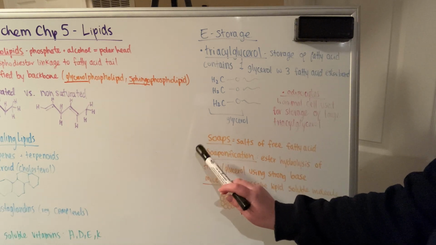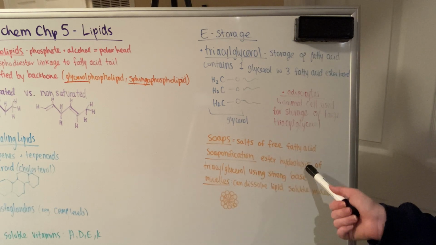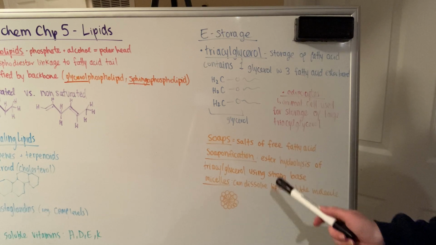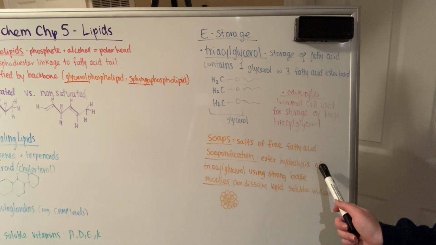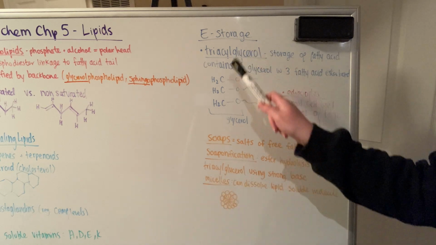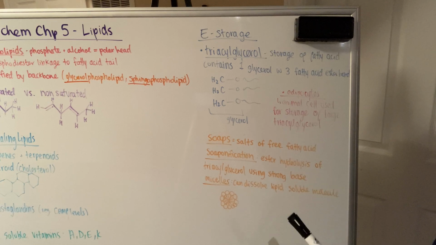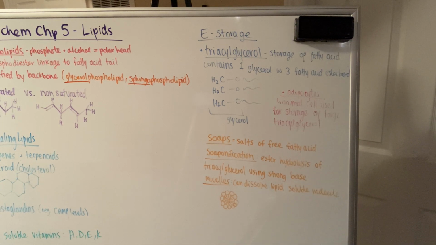So I would definitely recommend doing this reaction. So again, saponification is the ester hydrolysis, which we've covered in the organic chemistry videos, breaking of water of triacylglycerol, which we just saw up here, using a strong base. And we will go over strong bases in one of the chemistry videos.